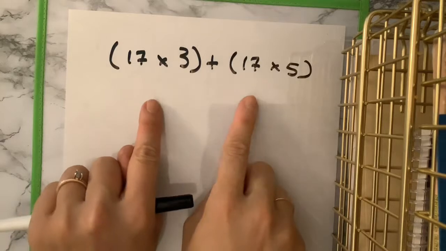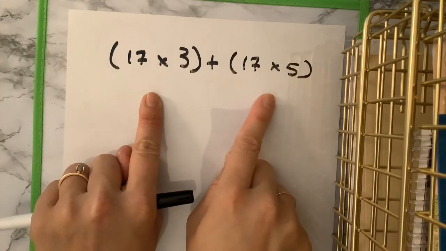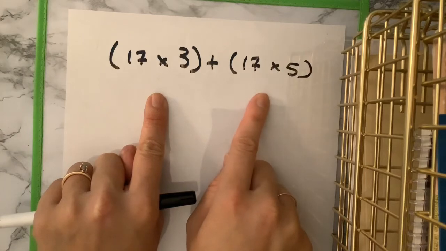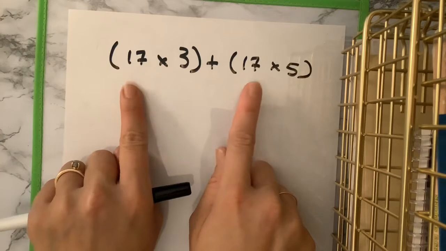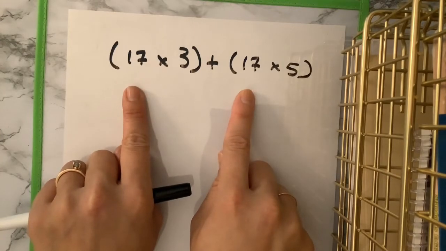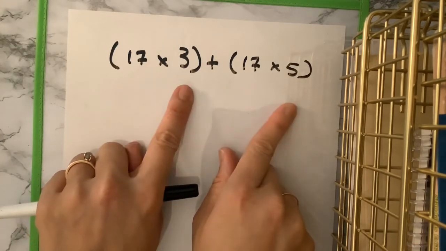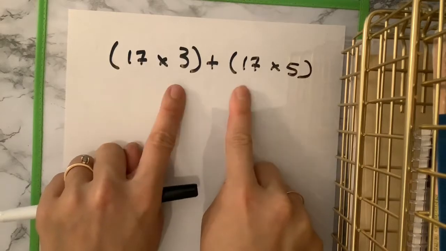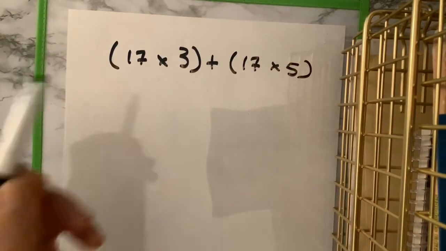So when we're looking at undoing the distributive property, what you want to look at is what number appears twice. That's the number that has been distributed, whichever number appears twice. It's not always going to be the first number. It could be the first or the second, or it could be a combination. So we really have to look and see what number has appeared twice.